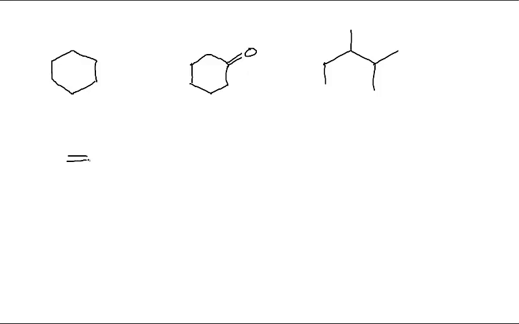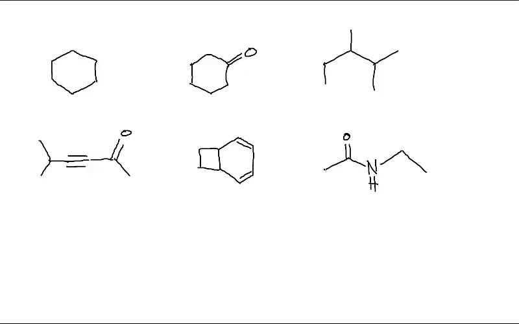So just to give a couple of examples, if we look at these molecules up here, first one, what's the unsaturation number? 1, because it has one ring.